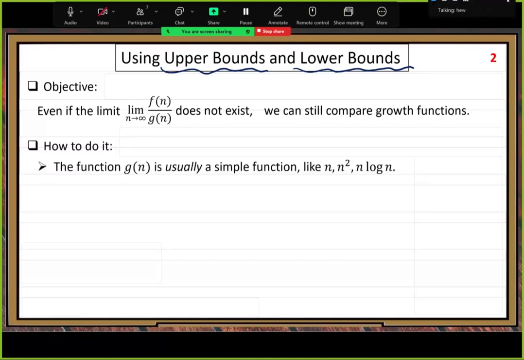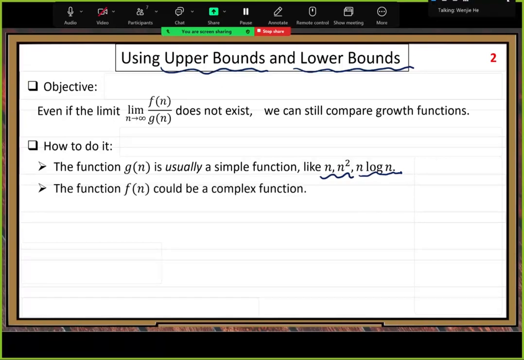The function g of n is usually a simple function. Usually we use a power function, or a power function multiplied by a log function. Those are the most commonly used growth functions in algorithms, and for this class. The function f of n could be a complex function.